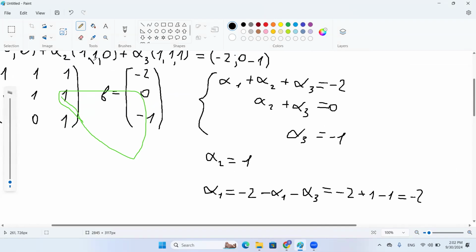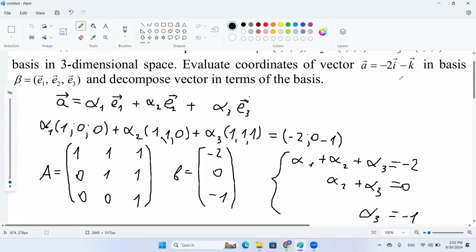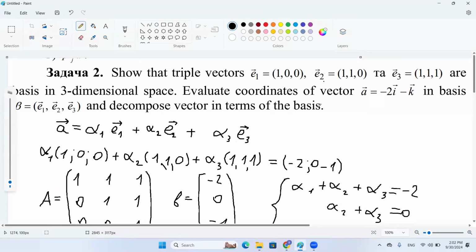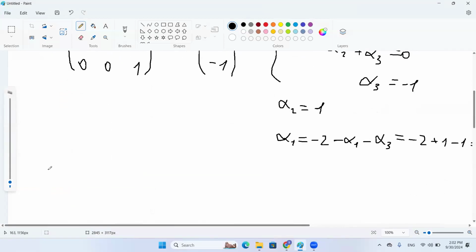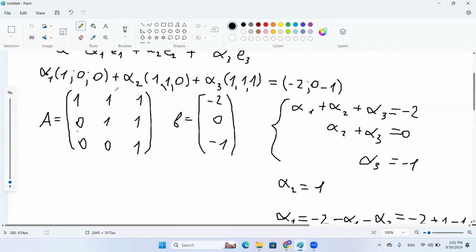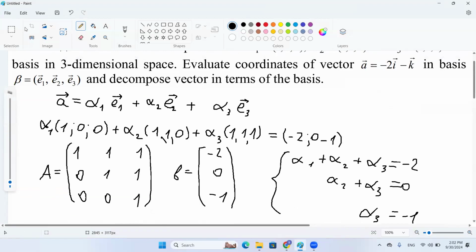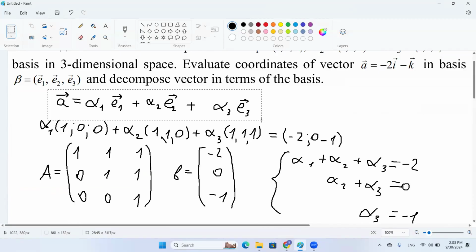Yeah, and the final decomposition of the vector by this basis E1, E2, E3 is... So now let's write this decomposition. I will copy and paste it here.